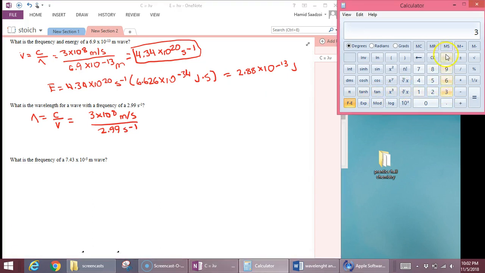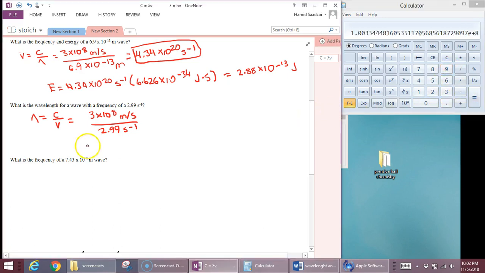Go over here, let's clear it out. 3 exponent 8 divided by 2.99. So we end up getting 1.00 times 10 to the 8 meters. Since they didn't specify what the units are, we're just going to leave it as meters and move on.